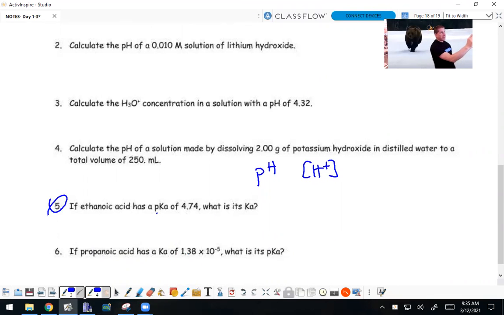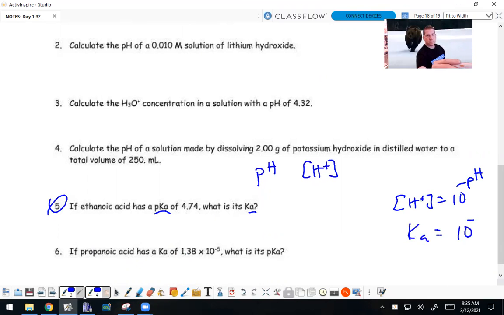If I wanted the H plus, remember it is the H plus is equal to 10 to the negative pH. So this will apply to all of the pH, pOH, pKa, Ka. This one is Ka and pKa. So I want to know the Ka. It's not going to be molarity this time, but Ka then would be 10 to the negative pKa.